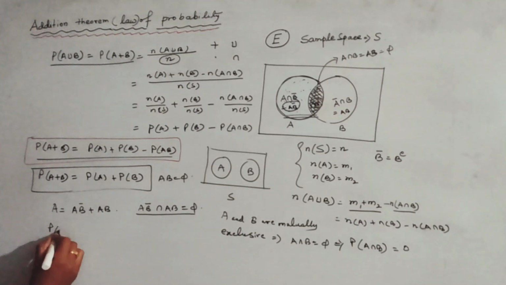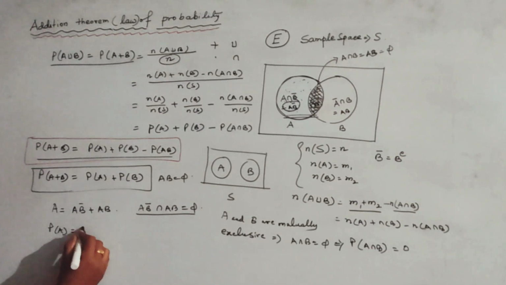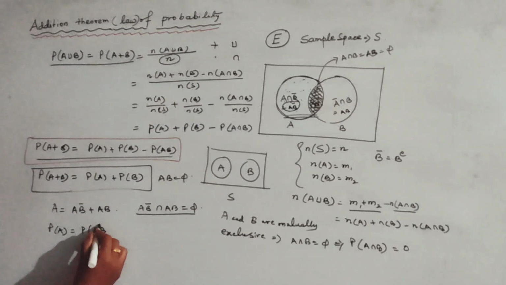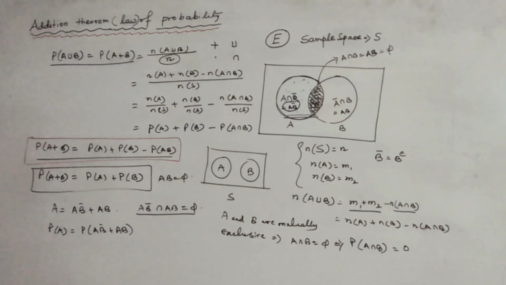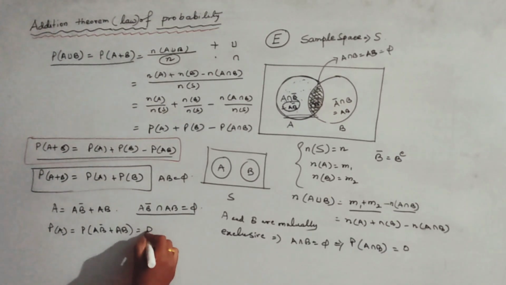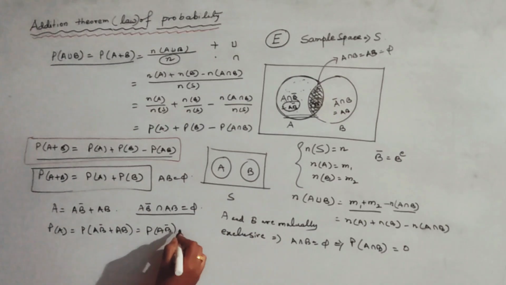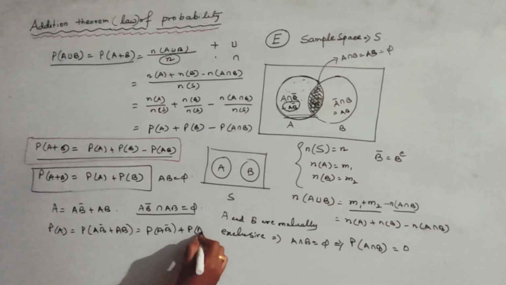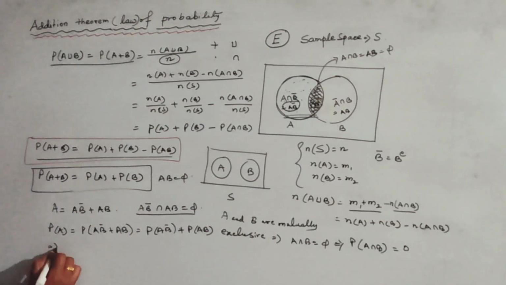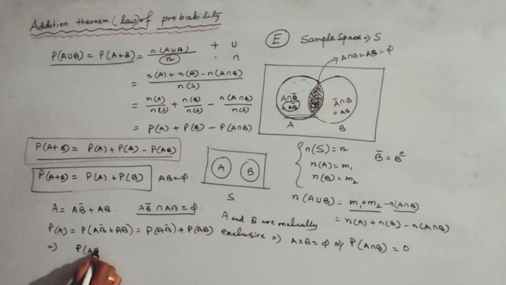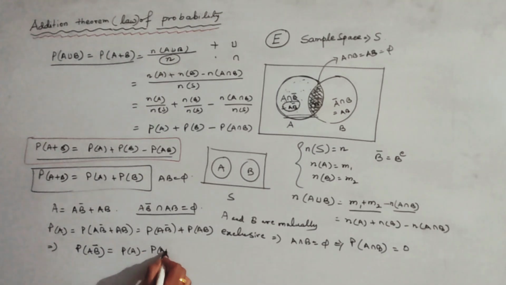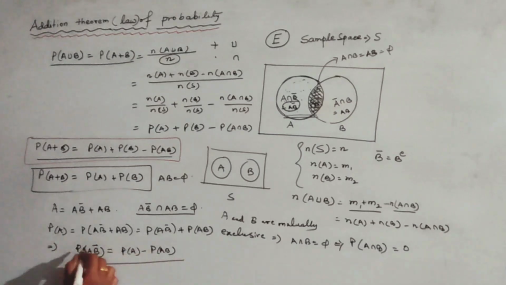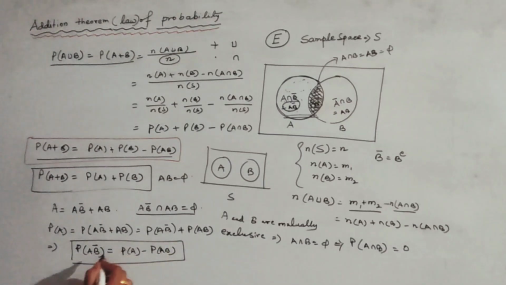So we can write P of A equals P of A B bar plus AB. Taking probability on both sides, this is given by P of A B bar plus P of AB, that is, P of A B bar is equal to P of A minus P of AB. This is also an important result of probability.